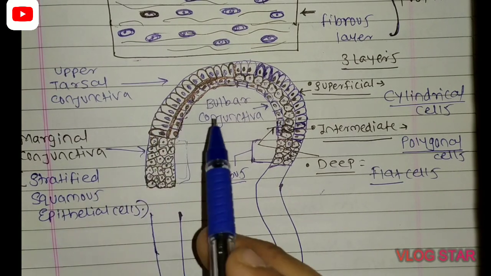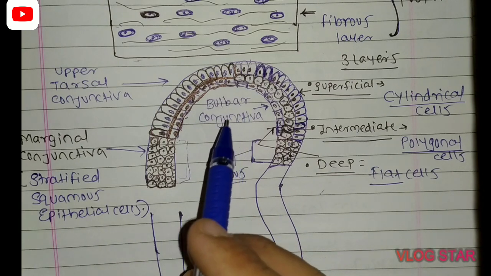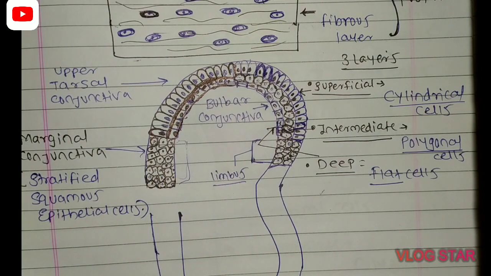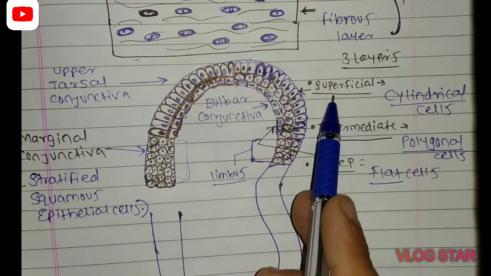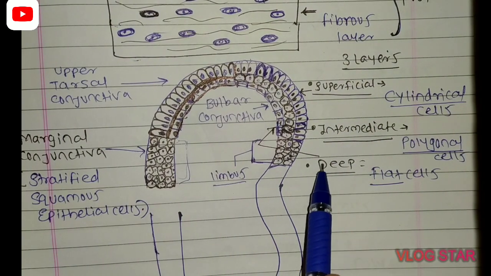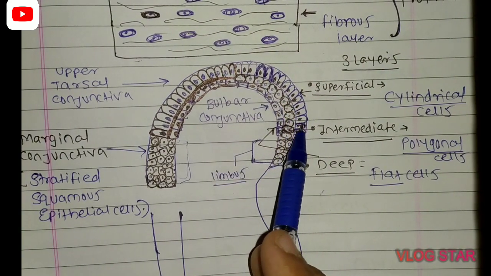Then comes the bulbar conjunctiva as well as the fornix or superior fornix. This bulbar conjunctiva and the superior fornix are usually made up of three layers: first is the superficial layer, second is intermediate, and third is deep. The superficial layer is again formed by cylindrical cells.